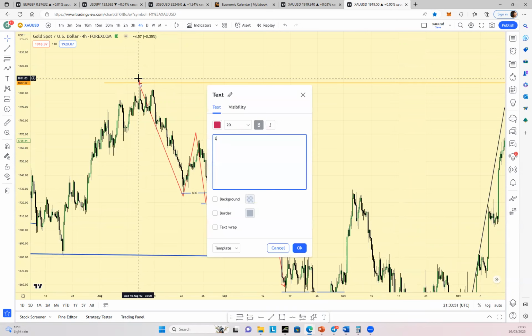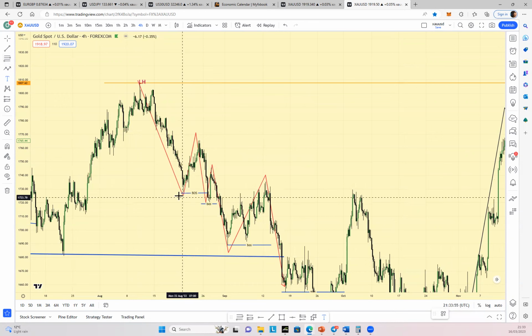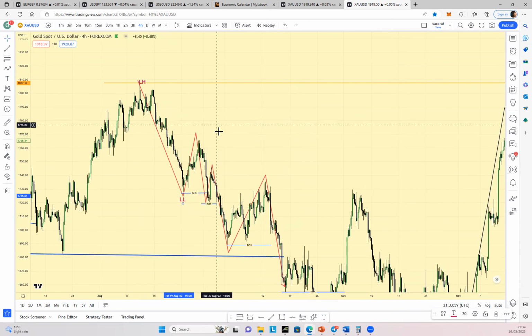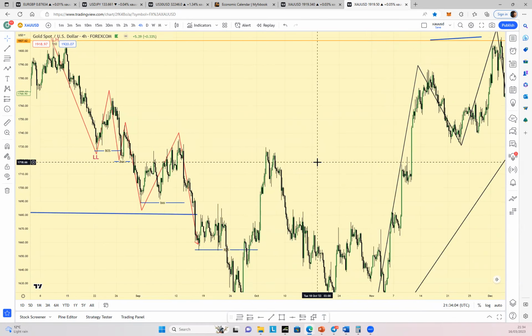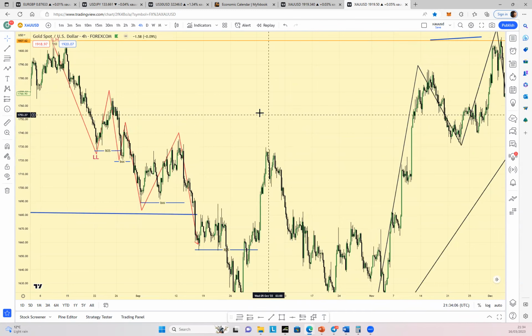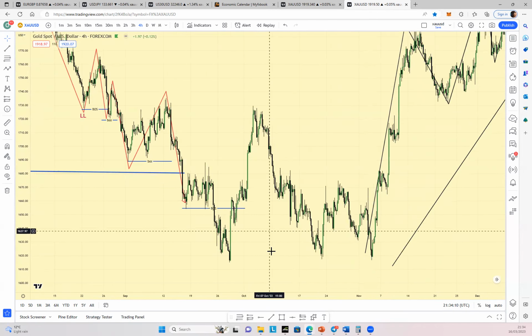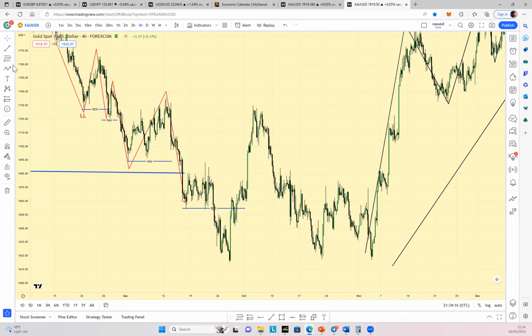So your lower high, lower low, lower high, lower low, and so on. And you do the same for an uptrend as well. And I want you to also identify your area of consolidation. And if you can screenshot, I'll show you how you draw the consolidation.